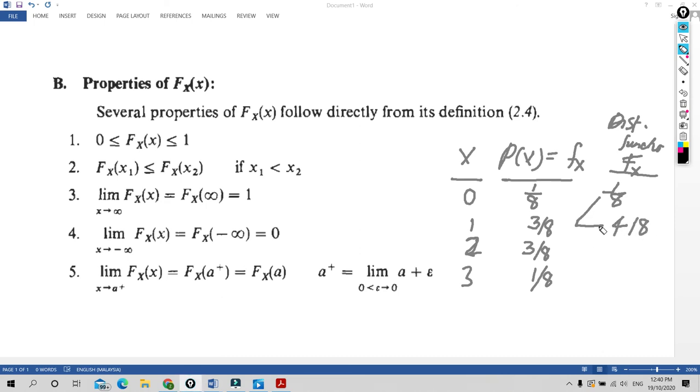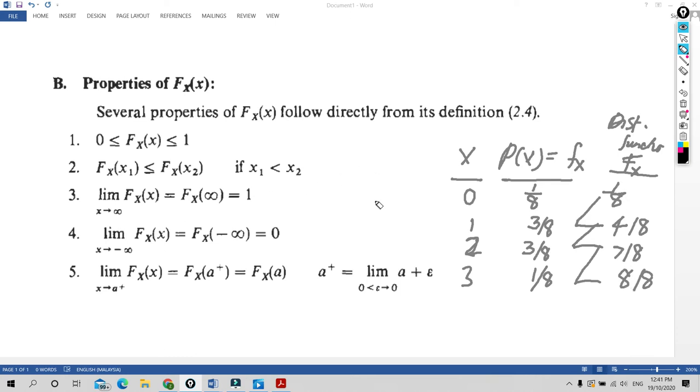Then 4/8 plus 3/8 is 7/8. Then 7/8 plus 1/8 is 8/8. And this is known as the distribution function. The value of F(x) is between 0 and 1, here from 1/8 up to 8/8.